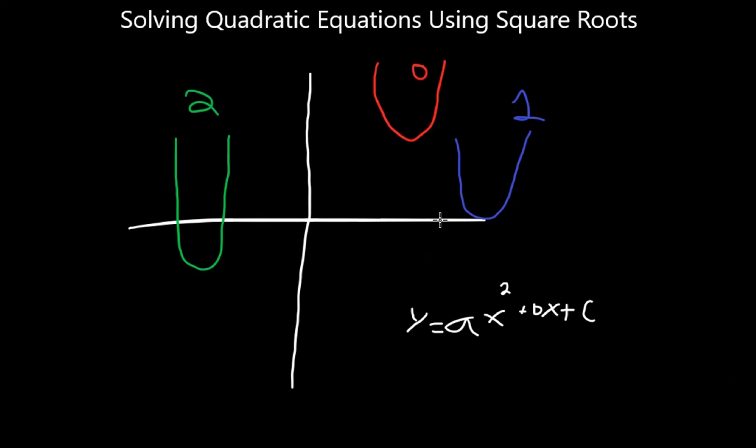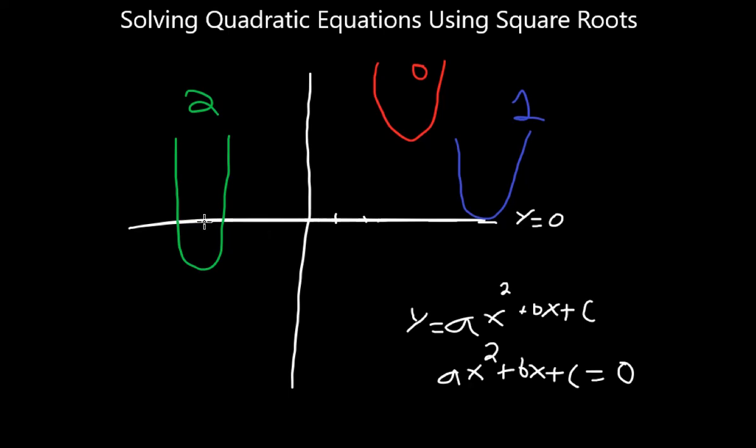And so this line here is represented by y equals 0, this x-axis here. So if I say that my parabola ax squared plus bx plus c is equal to 0, then I'm talking about when it crosses through this x-axis, when it intersects.